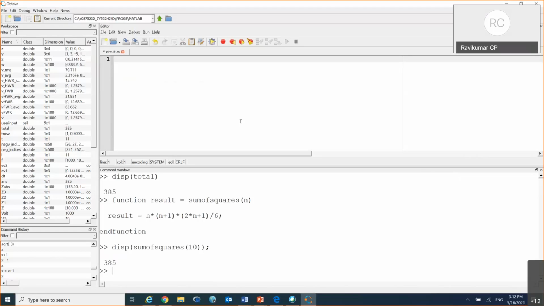I will call this function area and perimeter. It will take the three sides, side A, side B, side C, and it will return two things: one is area, the other is perimeter.